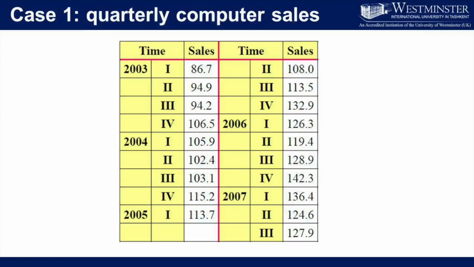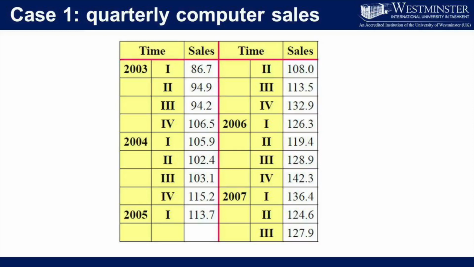We are asked to forecast computer sales for 2007 quarter 4. So let's assume now that 2007 quarter 3 has ended and you have this information. Now you need to forecast your sales for the next quarter. How much will it be in the next quarter of 2007? All right? So here you have the sales.